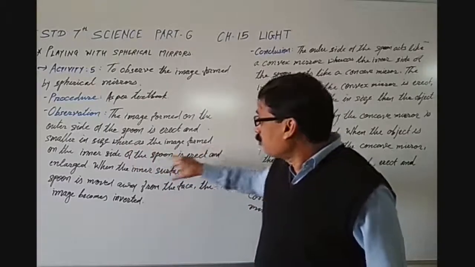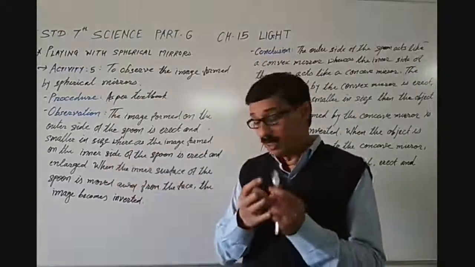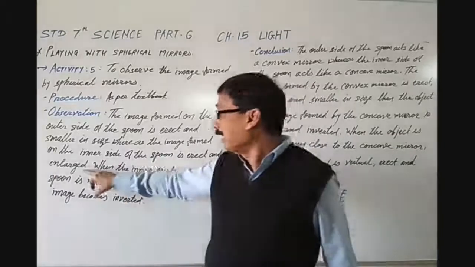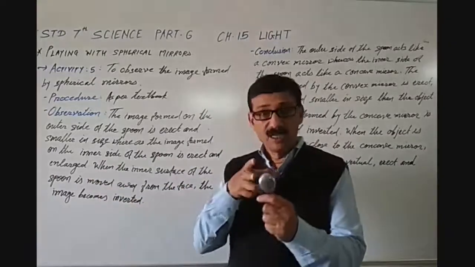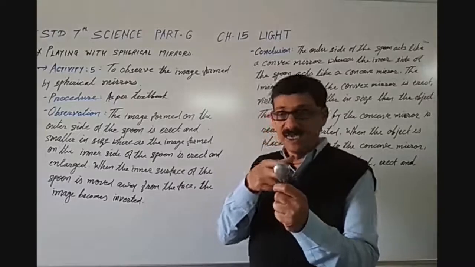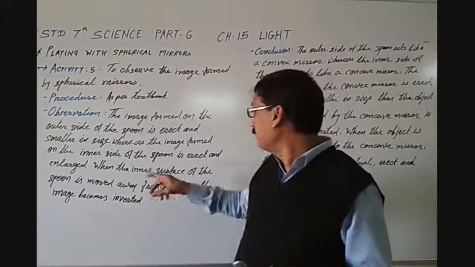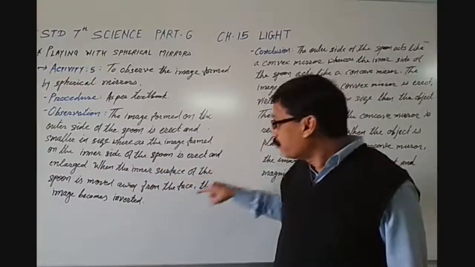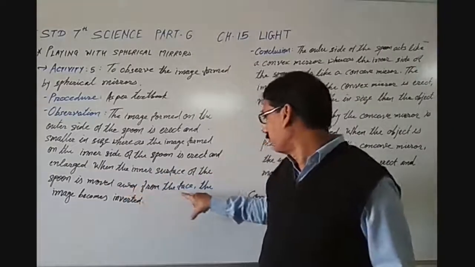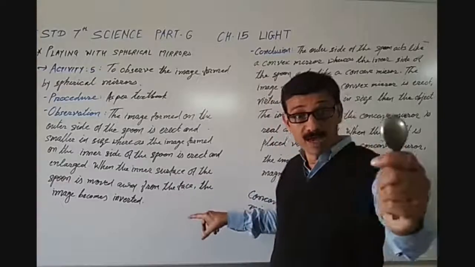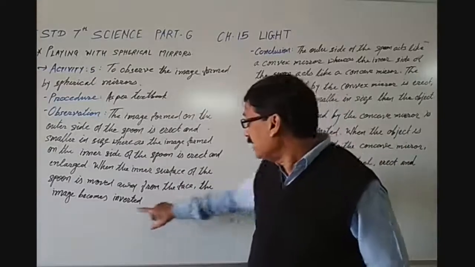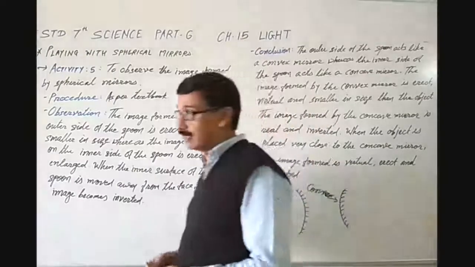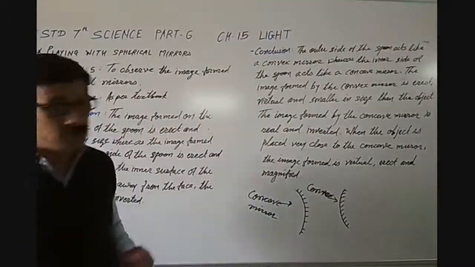The image formed on the inner side of the spoon is erect and enlarged if it is at a short distance. When the inner surface of the spoon is moved away from the face, the image becomes inverted. Okay, that is what our observation was.